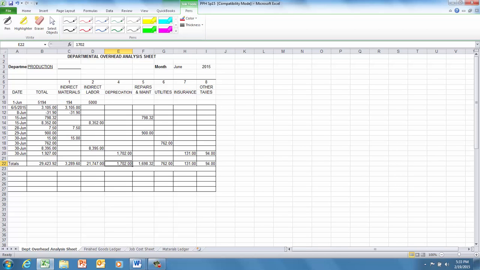And so the 3105 is indirect material, so I'm going to put it there as well. So it goes two places, once in the total column and then once in whatever column it belongs to.